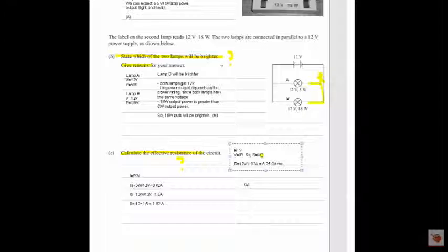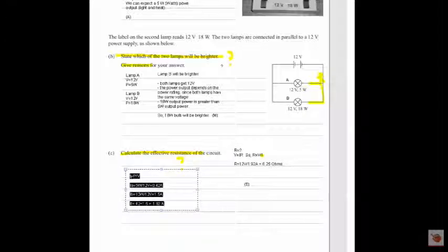I realized it's just that total current that I don't know, and that's what I solved for by determining the individual currents of lamp A and B, using the formula that came from power equals IV.